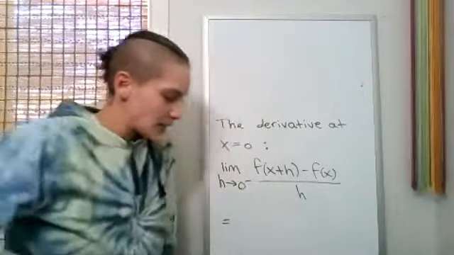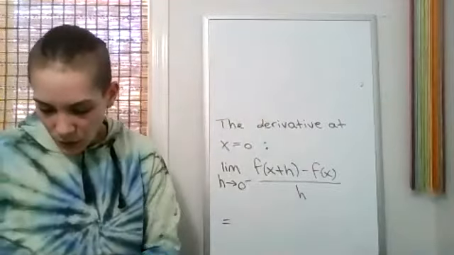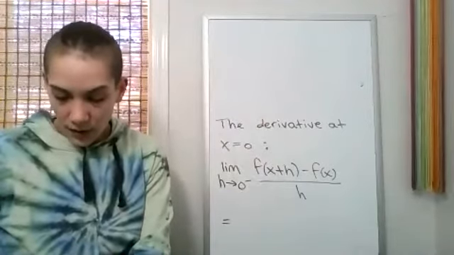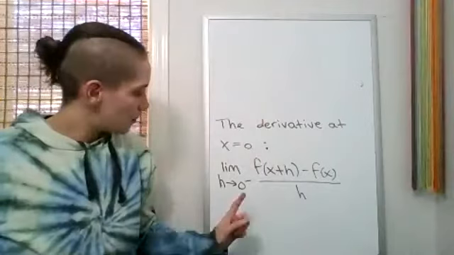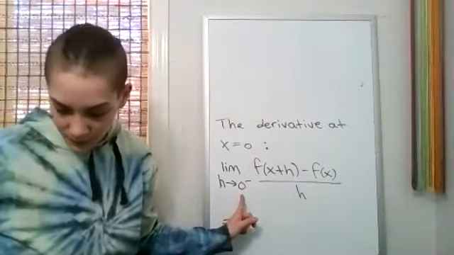I think I'll stick with this. I'm kind of jumping around. So h goes to 0, and it's some number less than 0.